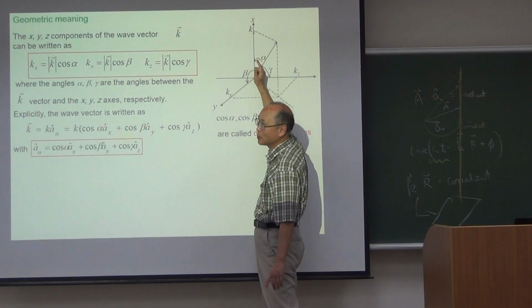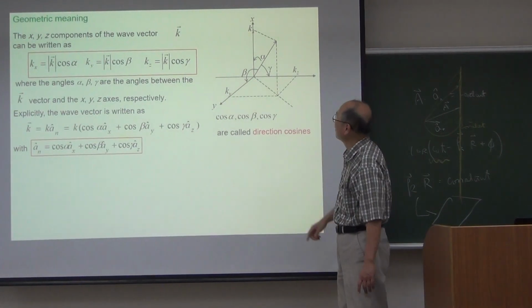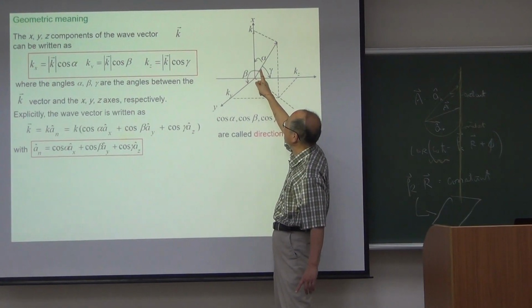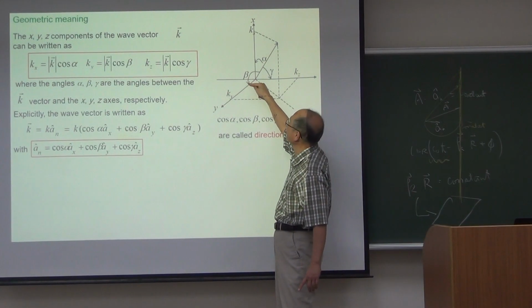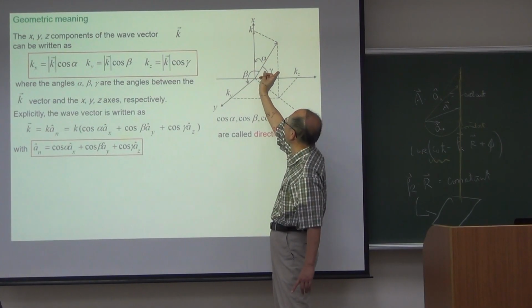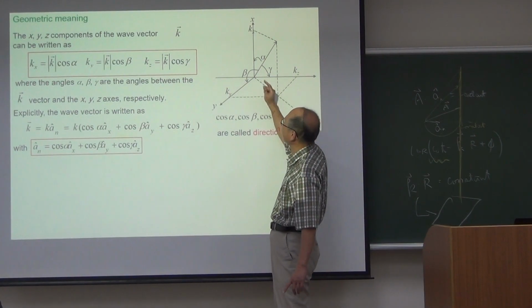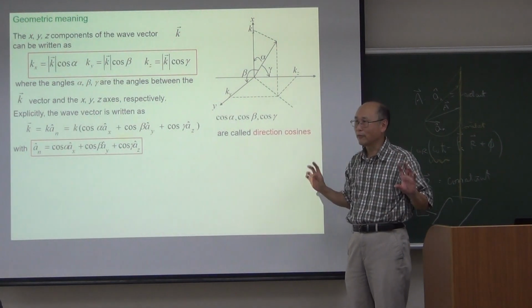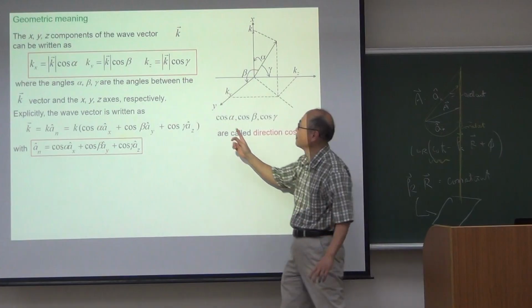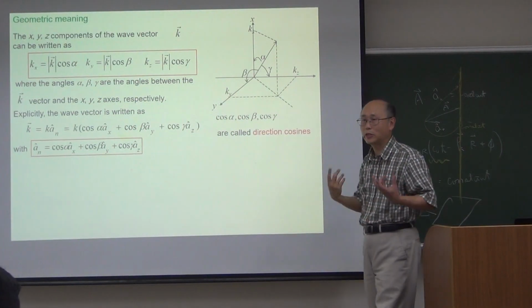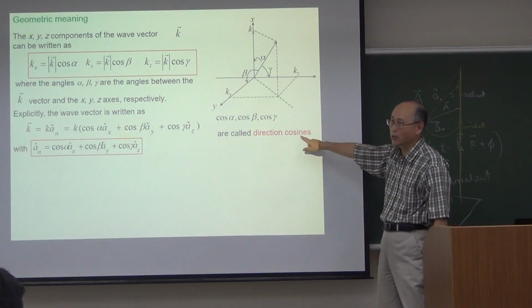Then there's a projection angle alpha. Similarly, if you project this k along the y direction, then you have a projection angle beta. Same thing if you project k along the z direction, then you have a projection angle gamma. So now you create a very nice physical picture here: k_x, k_y, k_z in terms of the projection angles, and we call these direction cosines.